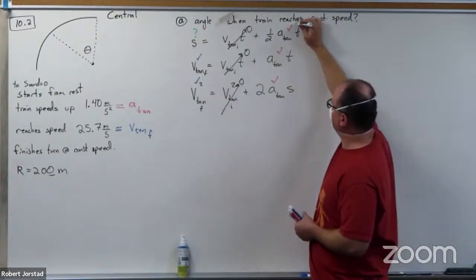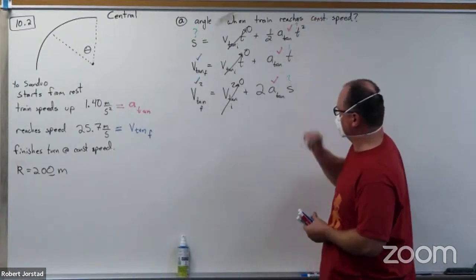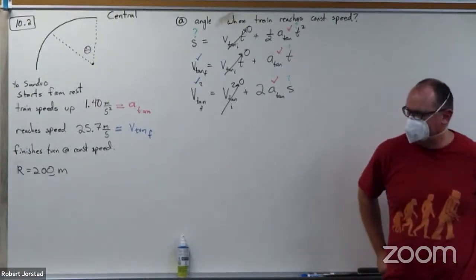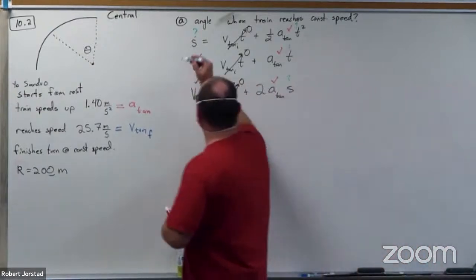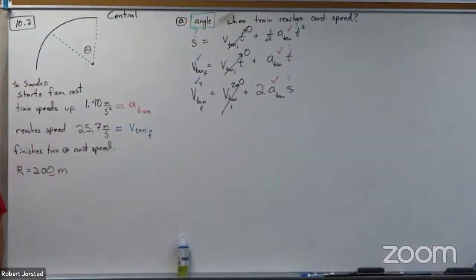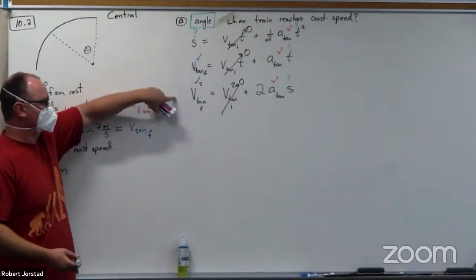Oh, I don't know time either. So I could figure out time from this one. I could figure out arc length from that one. Which is the way to go? What's our goal? We're looking for an angle. Which kinematics equation would you grab? 1, 2, or 3 on this board? 3, why?